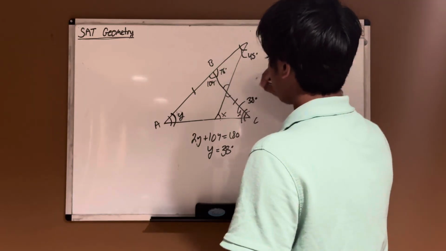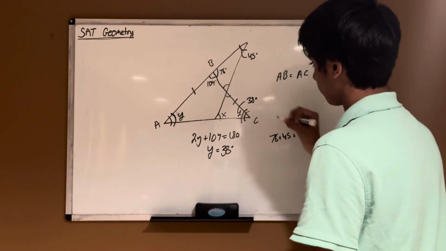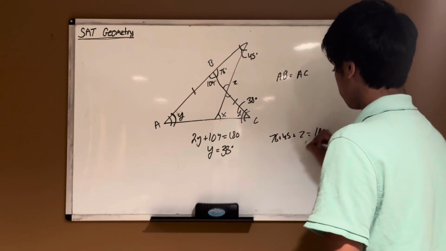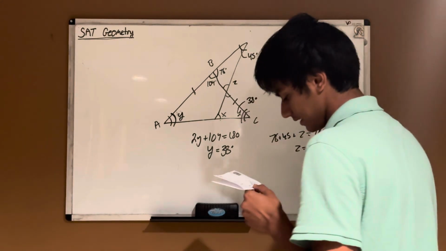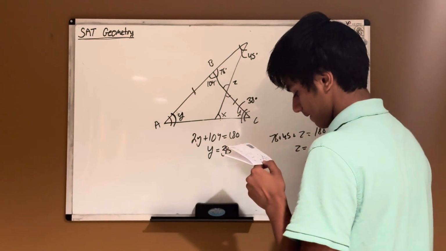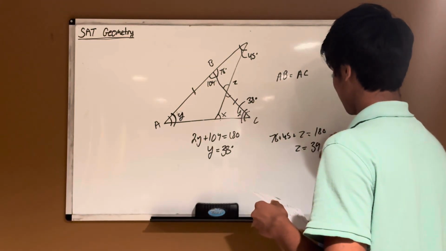And now we just do the same thing with the triangle. So 76 plus 45 plus, call this maybe z, equals 180. Solving for that, we get that z is equal to 39 degrees.